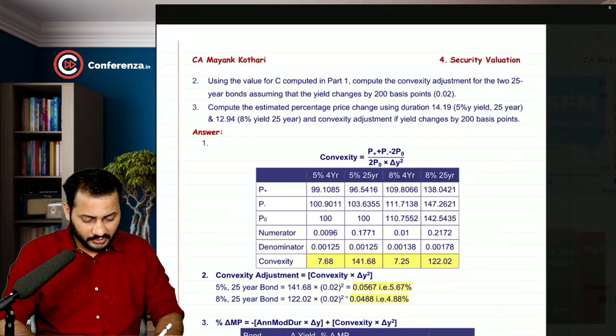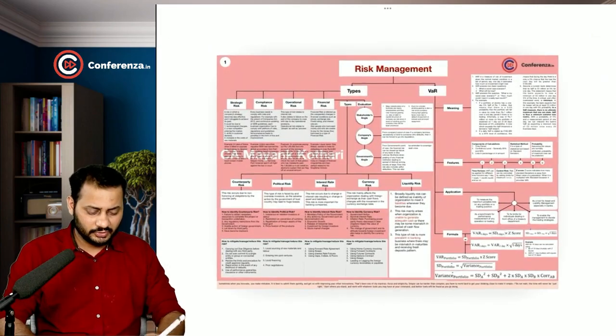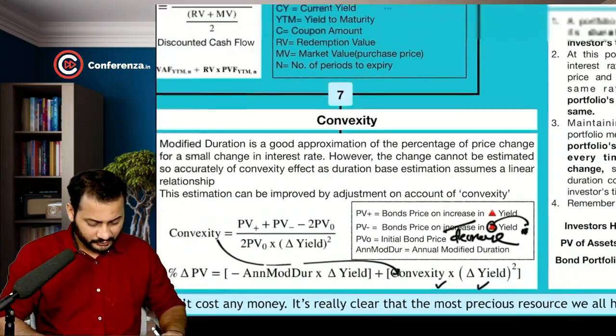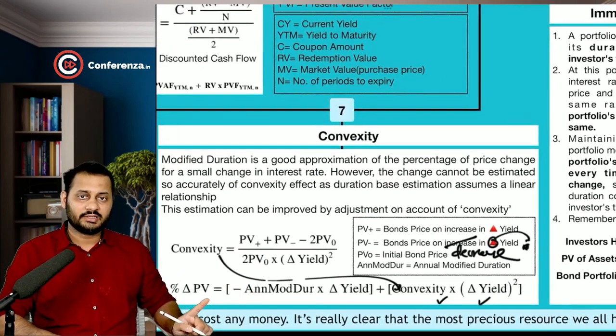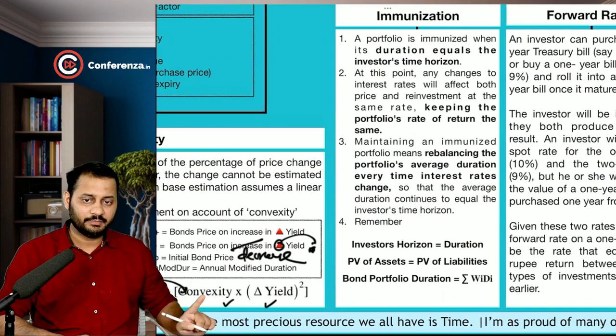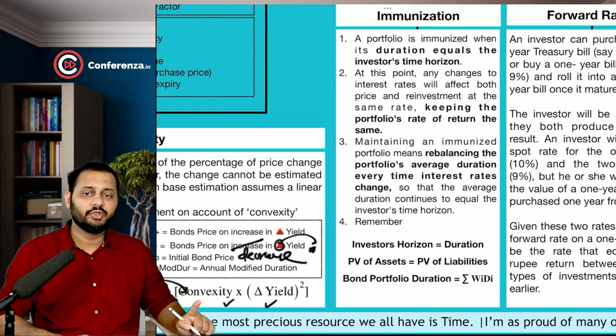In the formula book also, or in the chart, you can find it. There are two parts of the change in market price. This is the first part and this is the second part, and this part is called convexity adjustment when you multiply convexity with the change in yield squared.